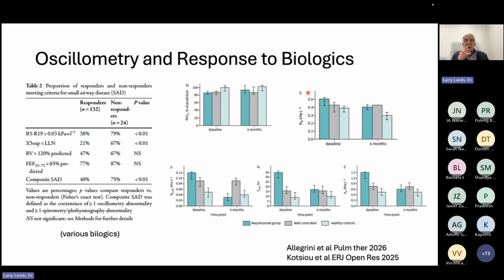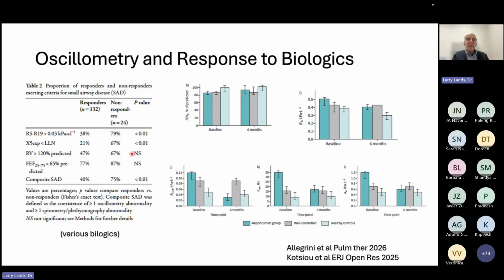So some other things. On the table here is a compilation of several studies to try and predict who was going to respond to a biologic. And largely, if you were going to respond to a biologic, your oscillometry values were closer to normal, or you're more likely to have normal values.